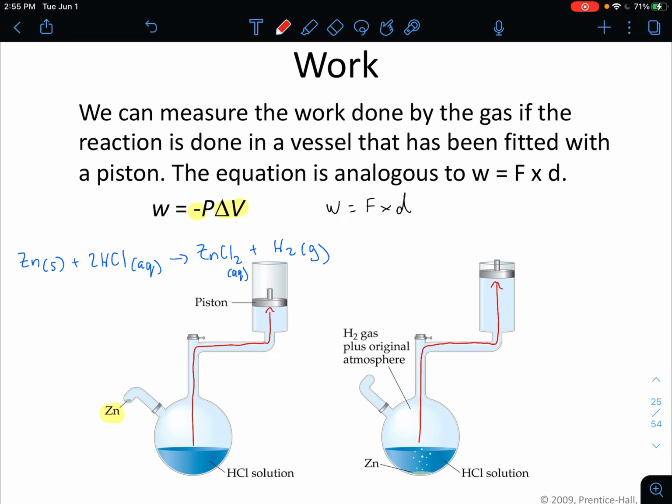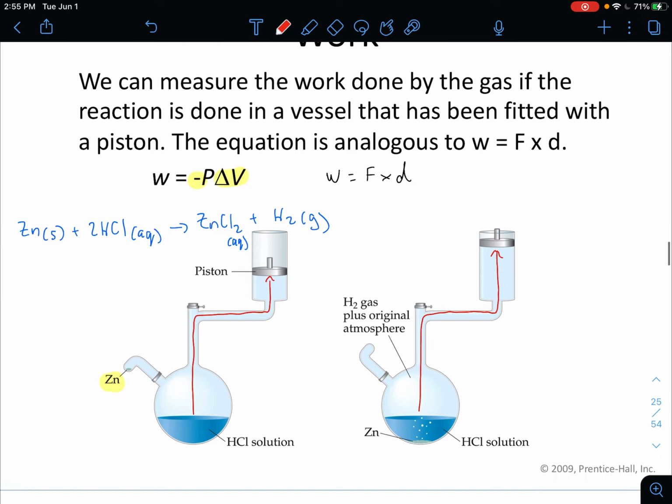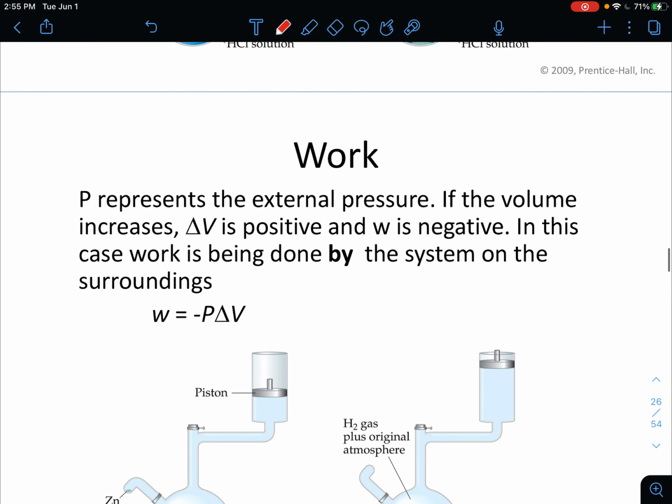So we want to understand that to be work being done by the system on the surroundings. Delta V is positive, meaning the sign for W is negative, to indicate the system is losing energy as it performs work on the surroundings.